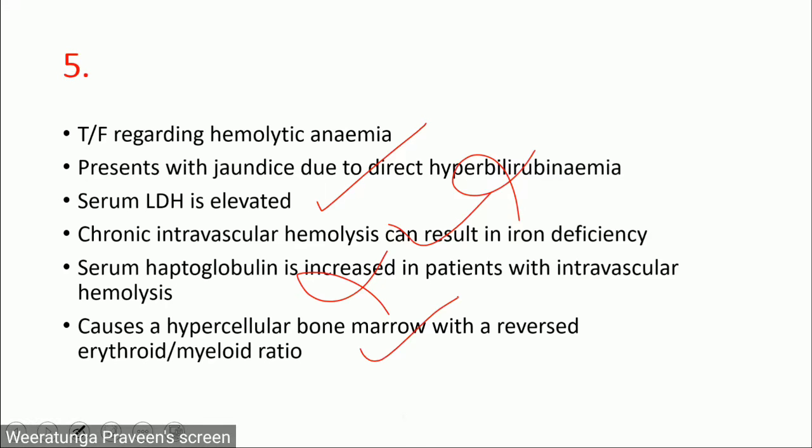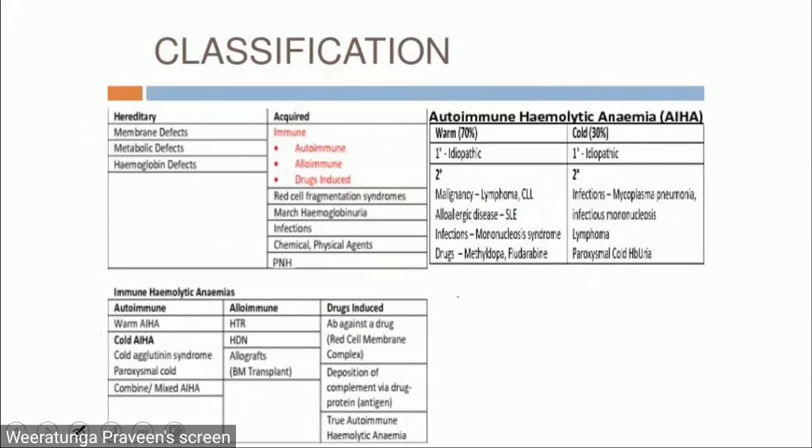Okay. Right. Now this again we have done in the clinical appointments, the classification of hemolytic anemia. So there's hereditary and acquired. Hereditary includes membrane defects, red cell enzyme defects and hemoglobinopathies, right? And in the acquired, the big group is the immune hemolytic anemias, right?